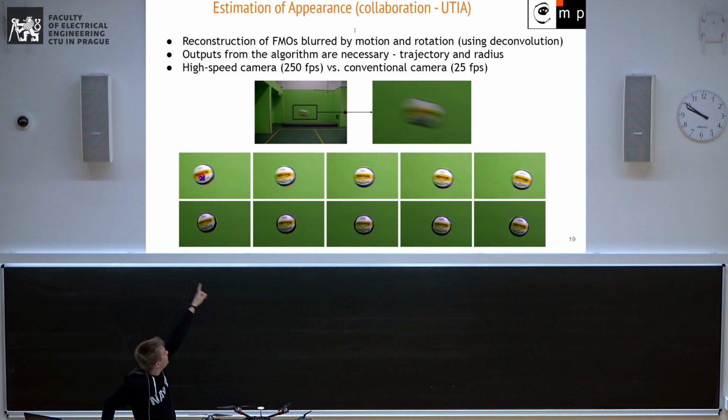And this was the ground truth from a high-speed camera at 240 frames per second. You can see it's a little bit blurred, because even at this high camera speed, there is some blur. And in the bottom row is our estimate, which is basically the background plus the object appearance F, which was estimated by the deblurring. And you can see much more details.